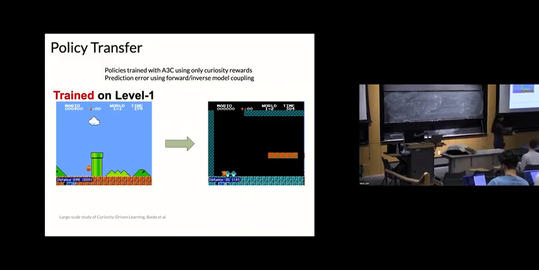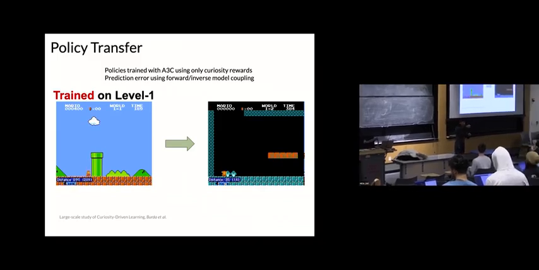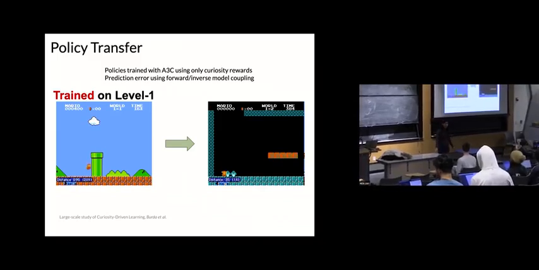Because our policy will take a bunch of frames, will feed an encoding, and that's how it predicts actions and Q values, right? So now my question would be, if we take that policy and we dump it into Mario by night, how is it going to perform? Like, forget about exploration. You just take a trained policy and I dump it, and I want to see how well it generalizes. What do you guys think? You can raise your hand and say something.